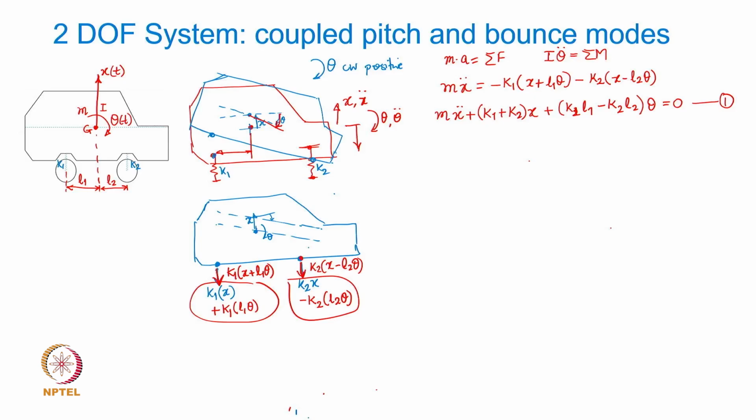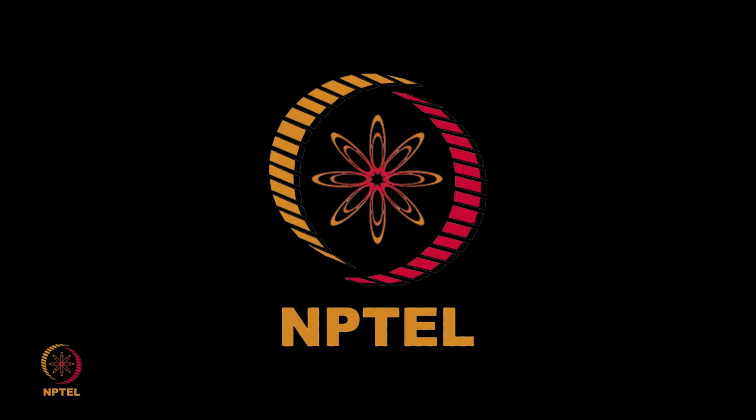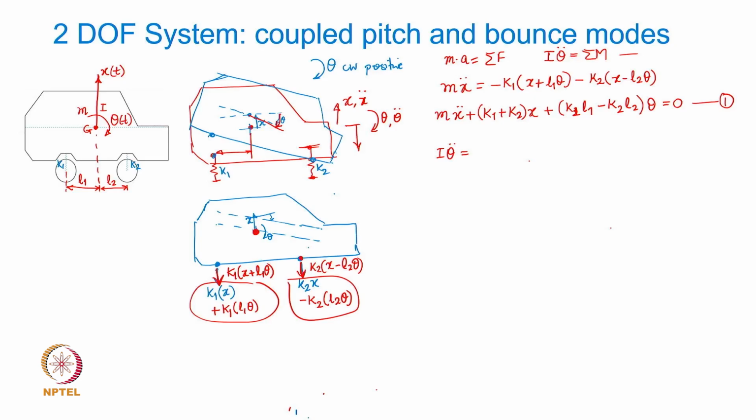So if I use the second one here, I times theta double dot, and I will have to look at all the moments which are trying to restore the motion. Theta double dot is clockwise positive. Now you may notice that this is the CG position, and this moment is going to be opposite to the clockwise angular acceleration. So minus K1 into x plus L1 theta.